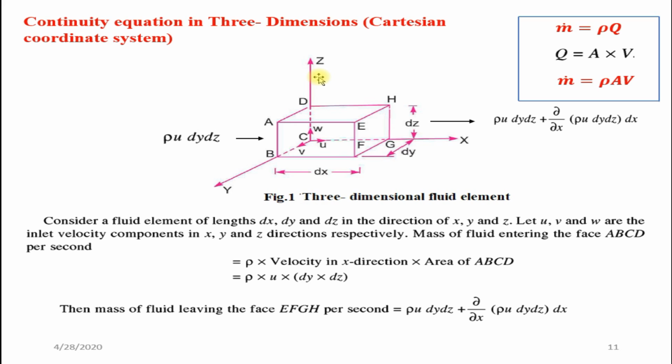and u, v and w are the inlet velocity components in x, y and z directions respectively. u will be the inlet velocity component in x direction, v in y direction and w in z direction.